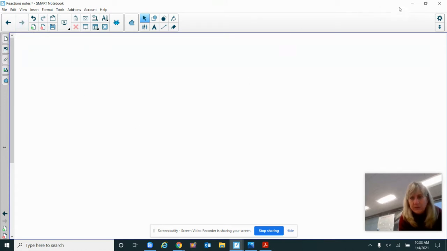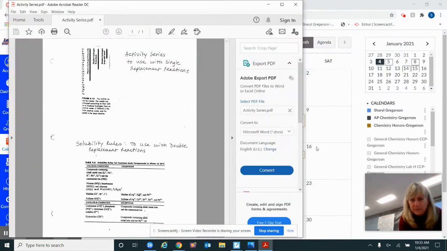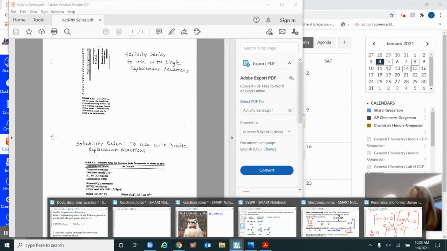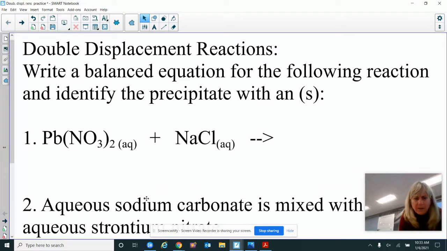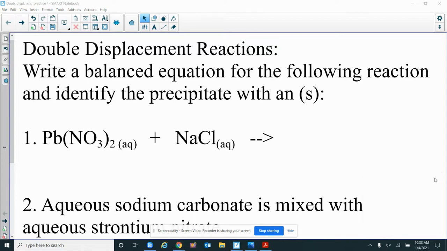Okay, so let's do another example. Let me pull one up. Right here. Okay, so for double replacement reactions, we have lead 2 nitrate plus sodium chloride.